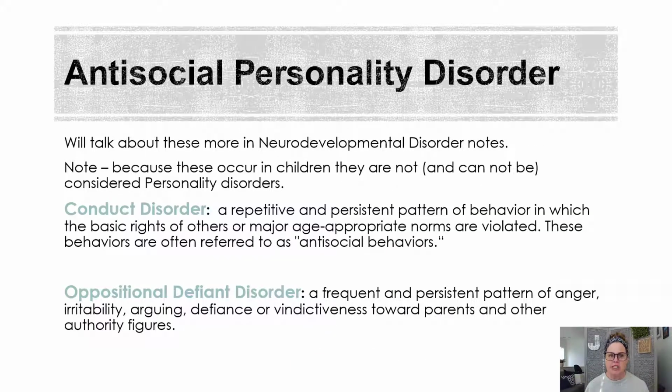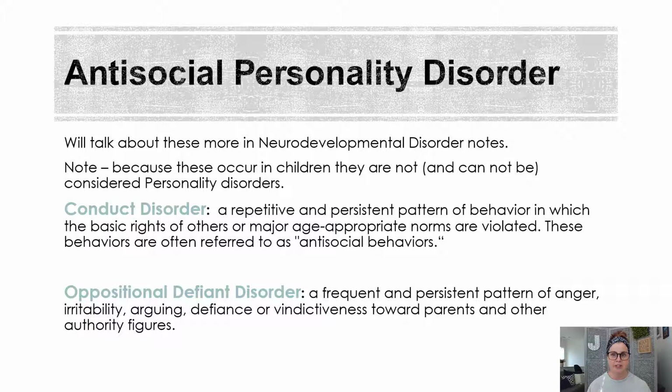You've looked at and you've seen information already about some of these neurodevelopmental disorders, and these are disorders that occur in children, and that's why they are called neurodevelopment disorders. Okay, they are not personality disorders.